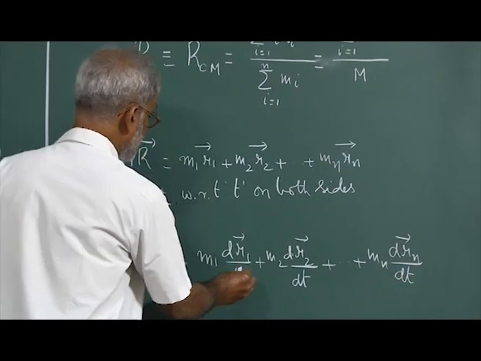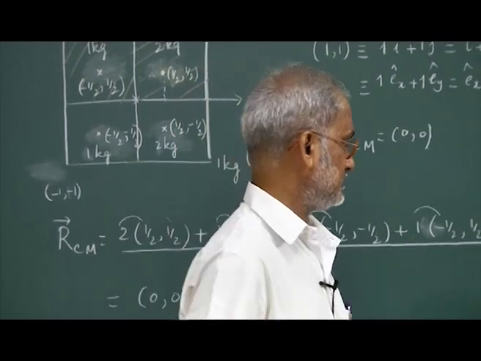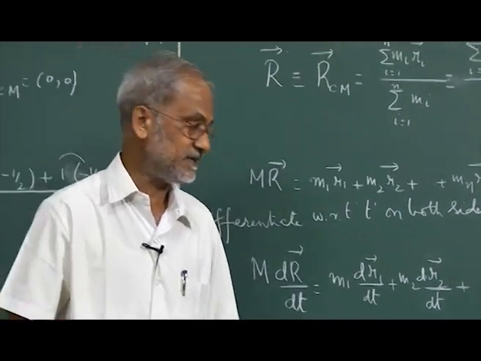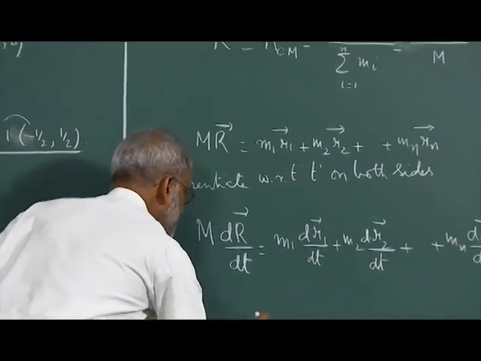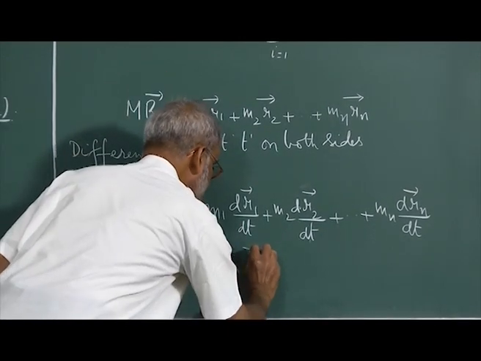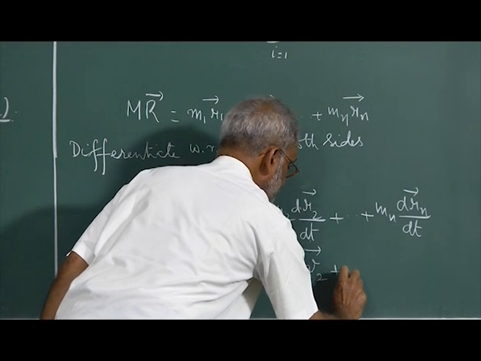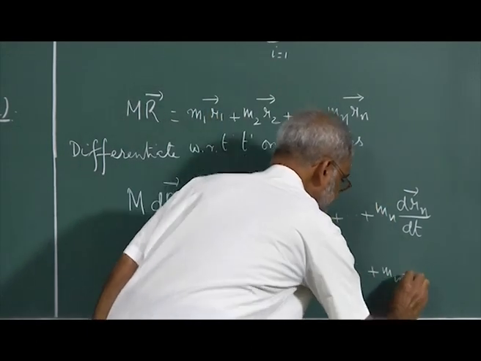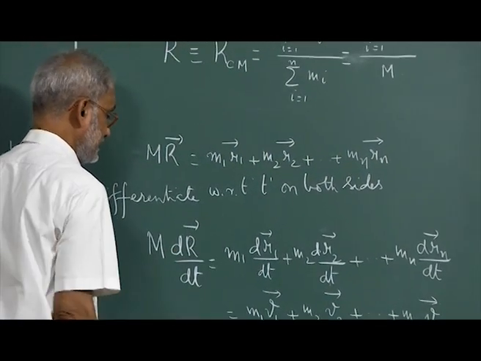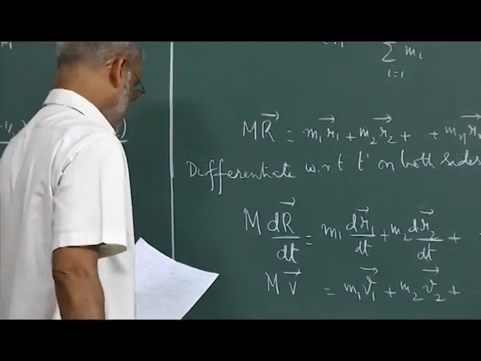We know that dr1 by dt is nothing but the velocity vector of the first particle. Similarly, this quantity dr2 by dt is the velocity vector of the second particle. Therefore, I can write M into velocity vector, dR by dt I will call capital V, is equal to m1 v1 plus m2 v2, etc., plus mn vn.